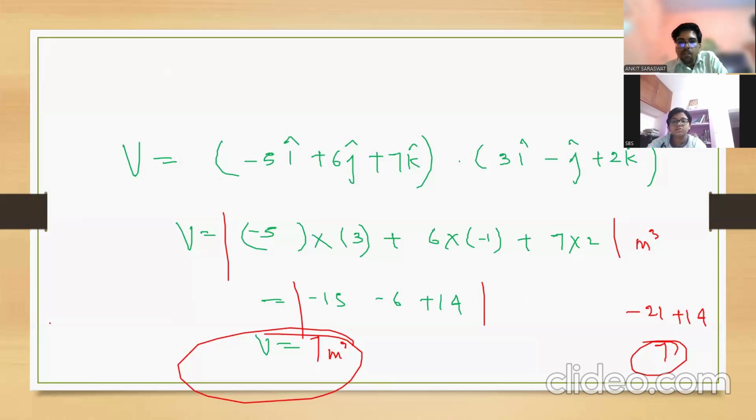Vector is basics only. You will not use this complex volume of parallelepiped much. You should know the meaning. If you don't know the meaning, then there is no use. Clear? Yes. In the exam, I don't know what they will ask. We can't expect anything, but we should learn these things.